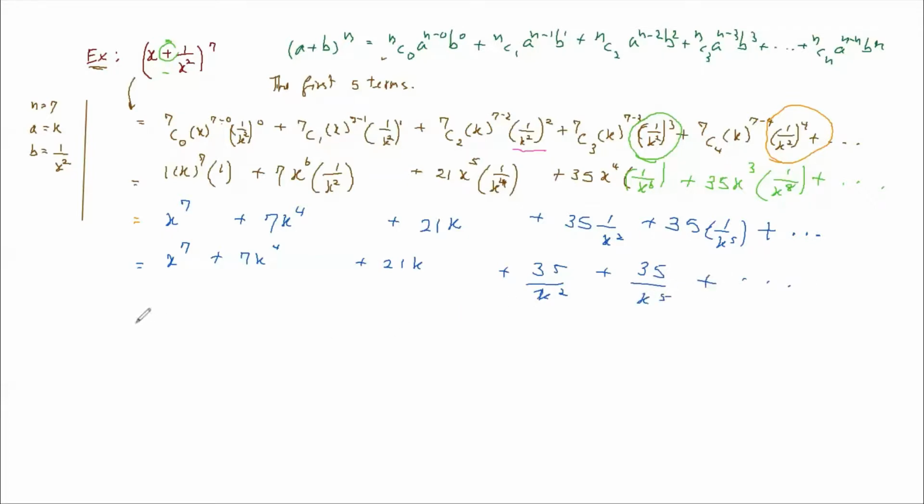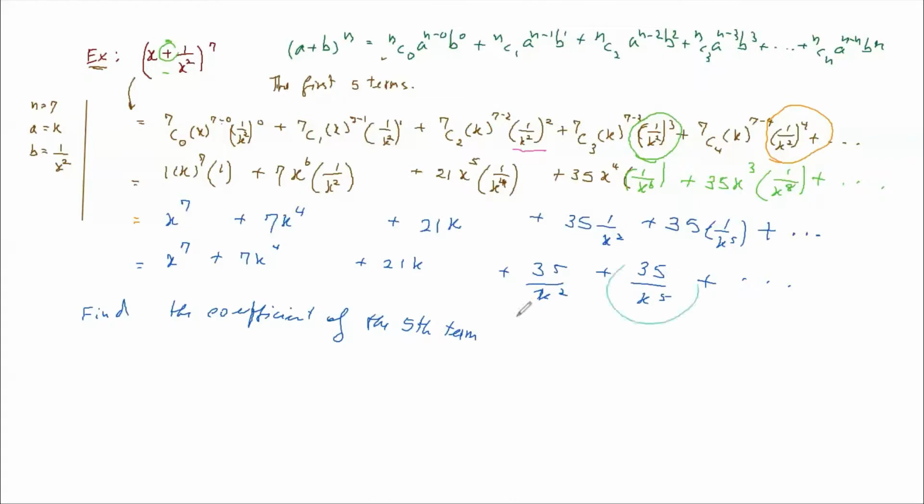Again, if the question wants you to find the coefficient of the fifth term, so you count from here 1, 2, 3, 4, 5. So the fifth term is going to be this one.